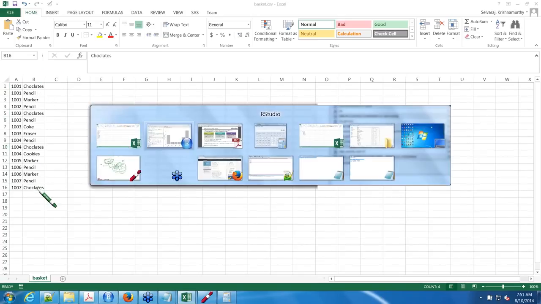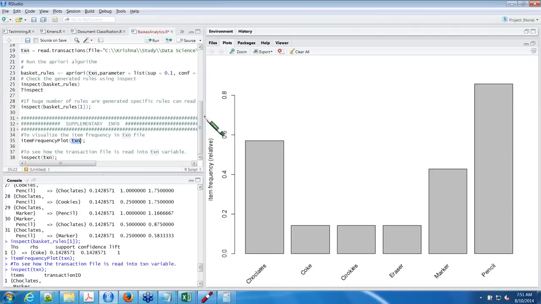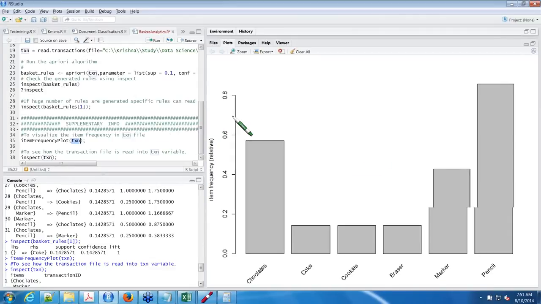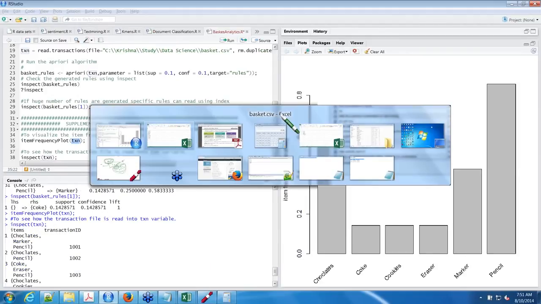Out of all these transactions, what is the frequency of this transaction? Got it? It is 4 times.